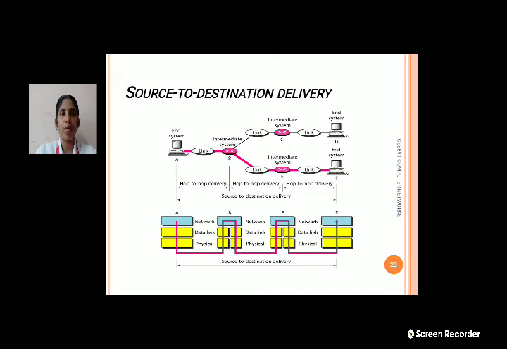From system A it delivers the communication to F. So from A to F there is source to destination delivery. Node to node is hop to hop delivery, but it's a direct link between A and F, so we call it source to destination delivery.